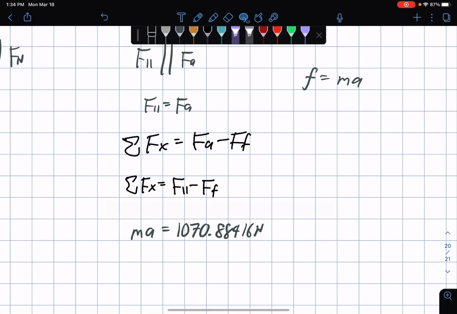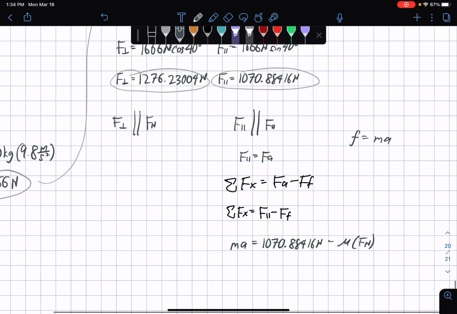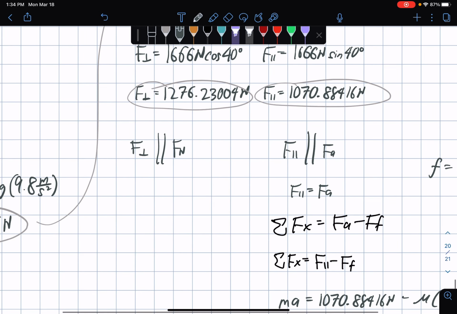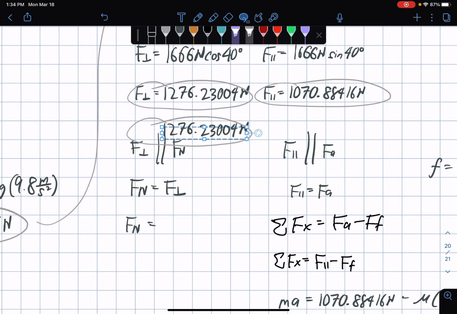So 1070.88416 newtons, and then Ff can be written as U times Fn. So what is our Fn? Well, from the other side, Fn is equal to F perpendicular. Therefore, Fn is equal to the same value as F perpendicular.